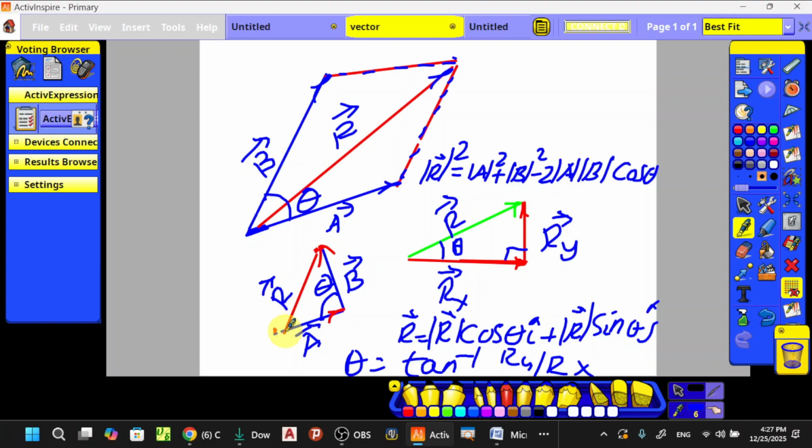Then you draw the resultant from the tail of the first vector right here to the head of the second vector. Here is the head.